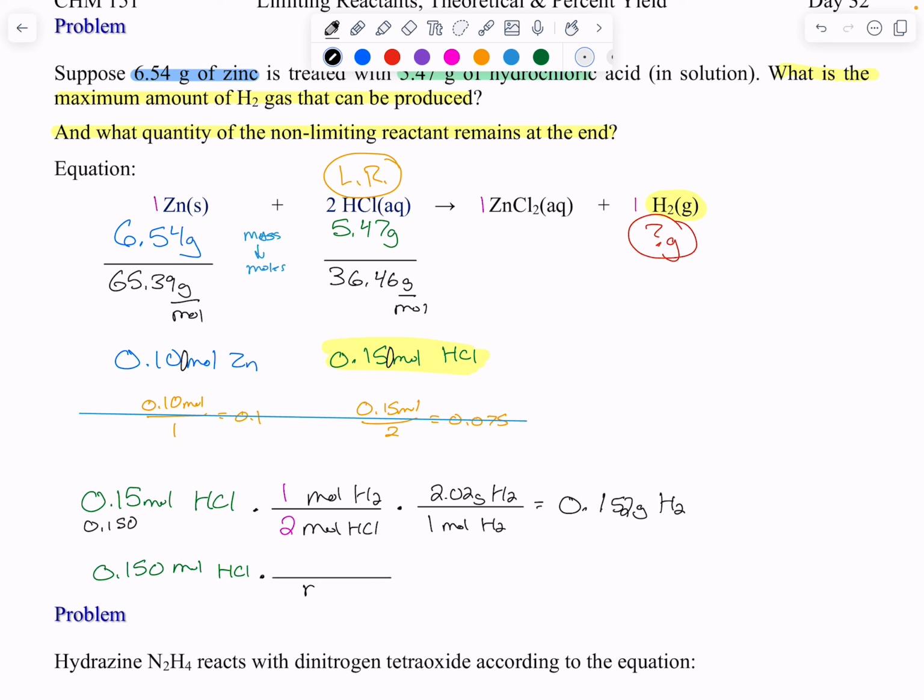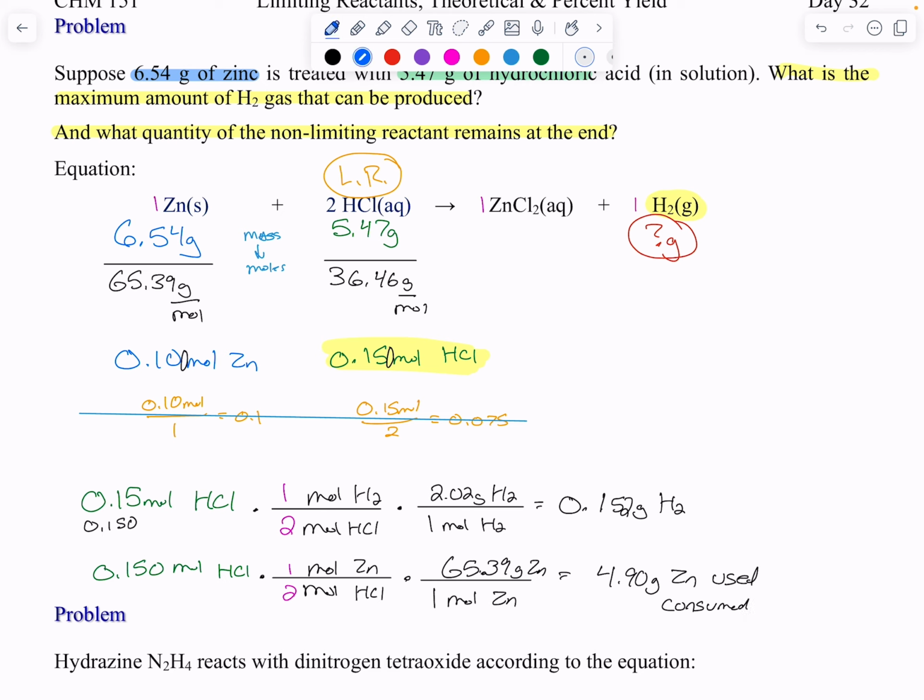And we know it's moles of HCl, moles of zinc. And we know that it's 2-to-1 from the coefficients in the equation. And then we got what? 1 mole of zinc is 65.39 grams of zinc. And if we do that math, I think 4.90 grams of zinc is used or consumed.